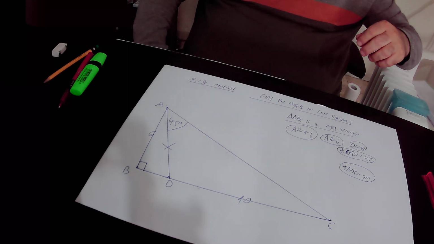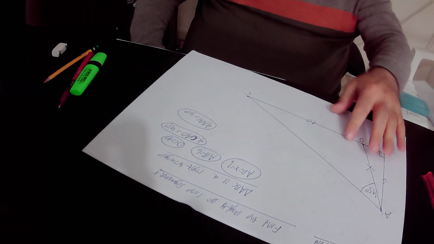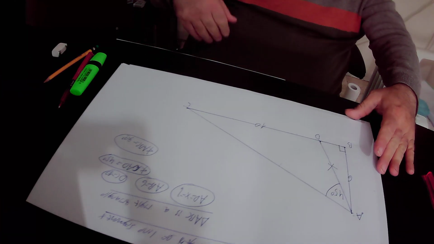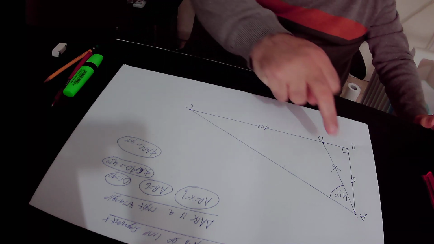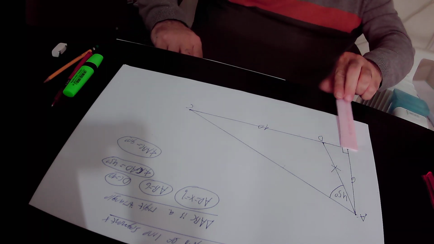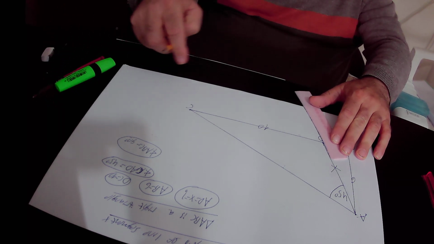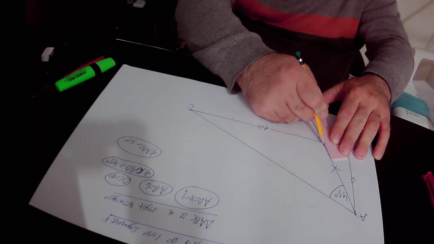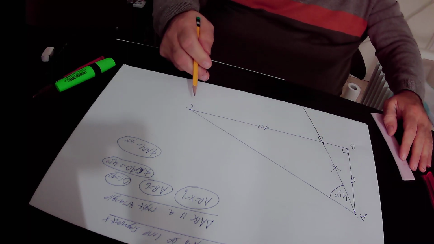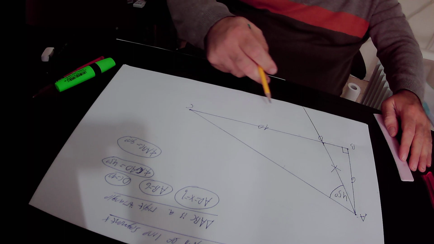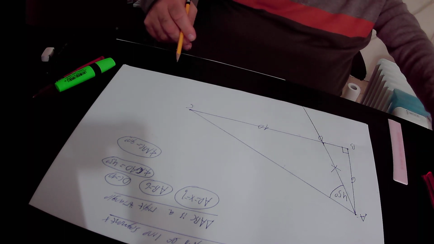So we'll start with the first method, and here we will do a construction. We will extend line segment AD by a straight line, and then from point C we'll draw a perpendicular to the extended AD.